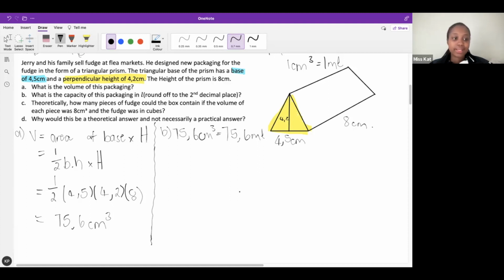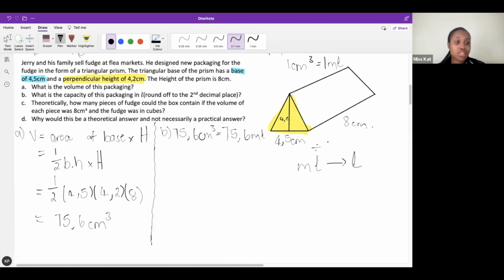75,6 milliliters. Now we have to convert to liters. How do we go from milliliters to liters? Nope, that's the wrong way around. Remember, from milliliters to liters, we divide by how much?